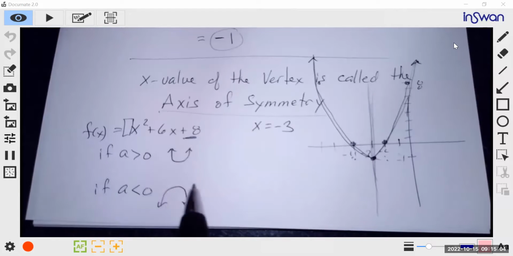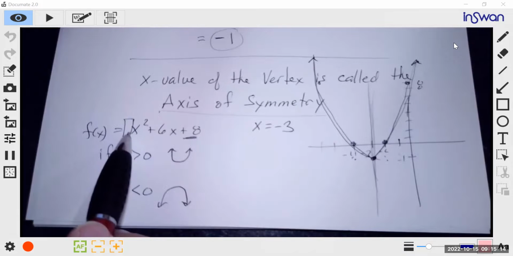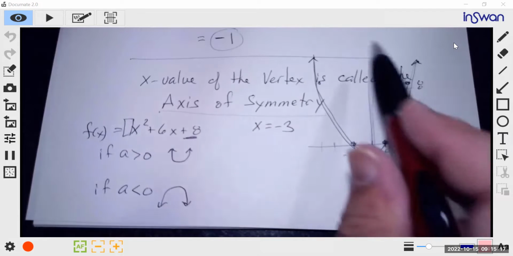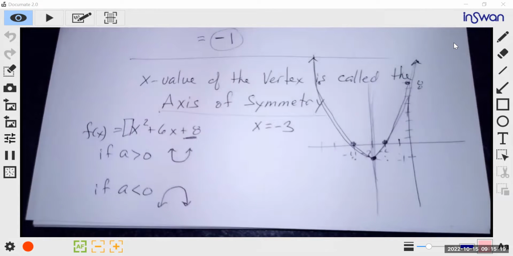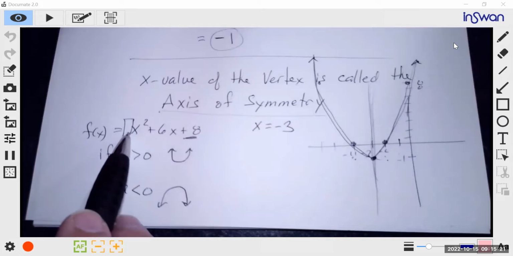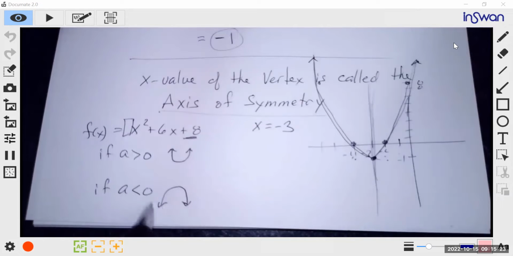So we can tell just by looking at the equation whether it's going to open up or down by looking at the leading coefficient. If whatever's in front of x squared is positive, we know the graph will be pointing up. If x squared has a negative coefficient, then it opens down. Again, that's without doing any work.